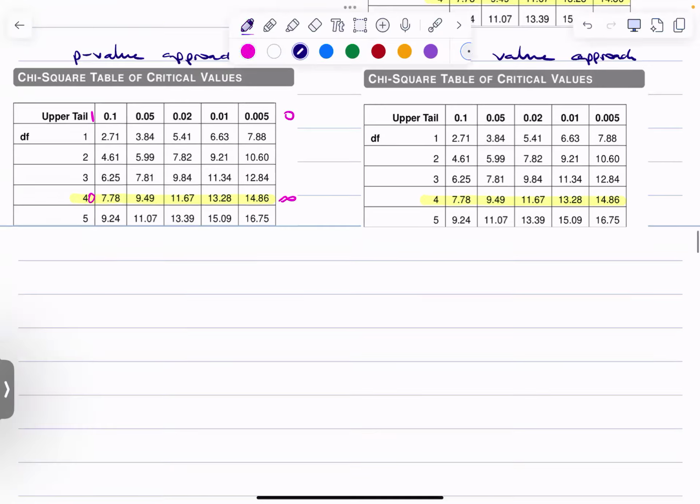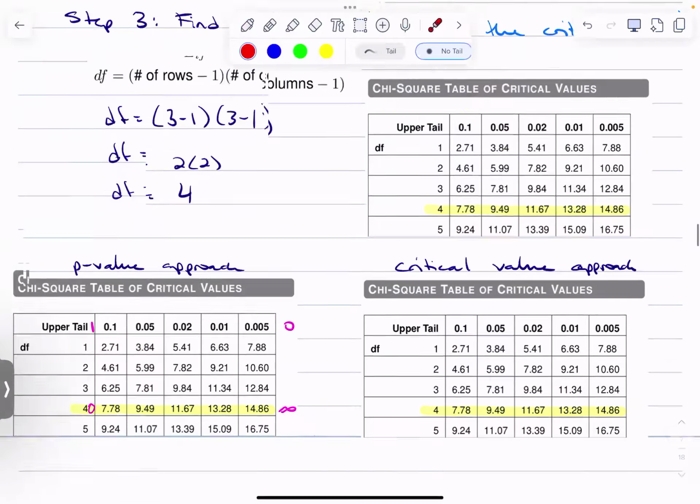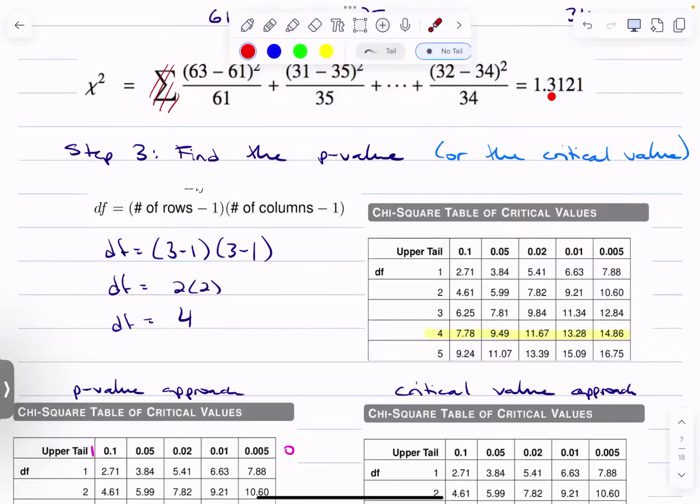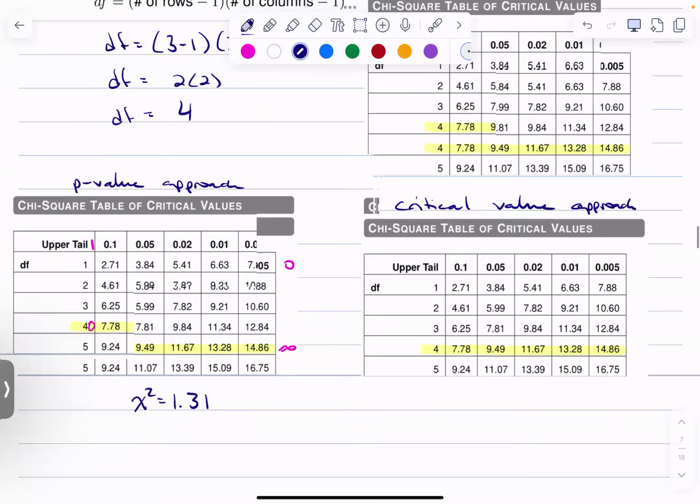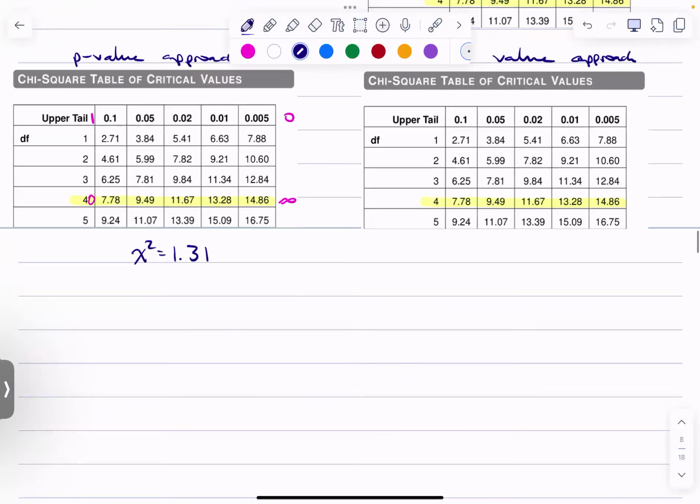So what we find is when we take our chi-squared, 1.3121, then we want to try to place it on our table, just like we did for Z. But when I try to start here, it starts at 7.78, right? So all I really know is that this chi-squared, which is 1.3121, is somewhere between 0 and 7.78.